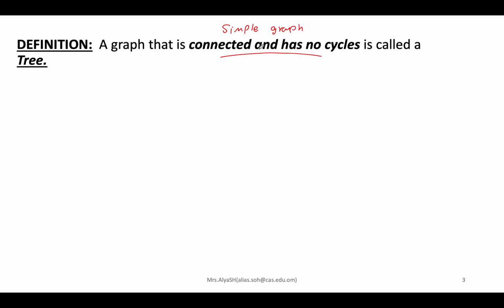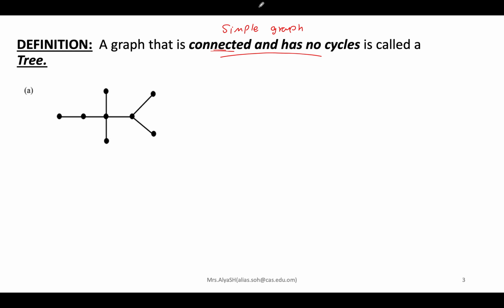Now, we already says that simple graph is any graph that has no cycles and they are connected. All right, so a tree is basically a simple graph, and those are the two main rules, which is it's supposed to be in any graph, so we can call it a tree.